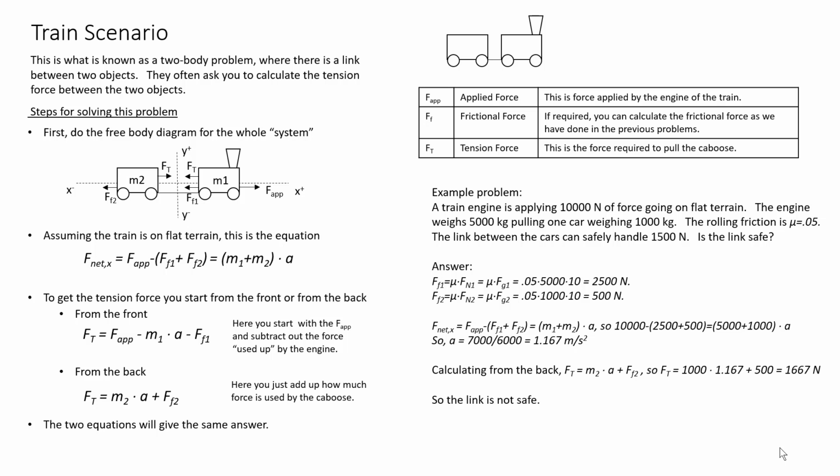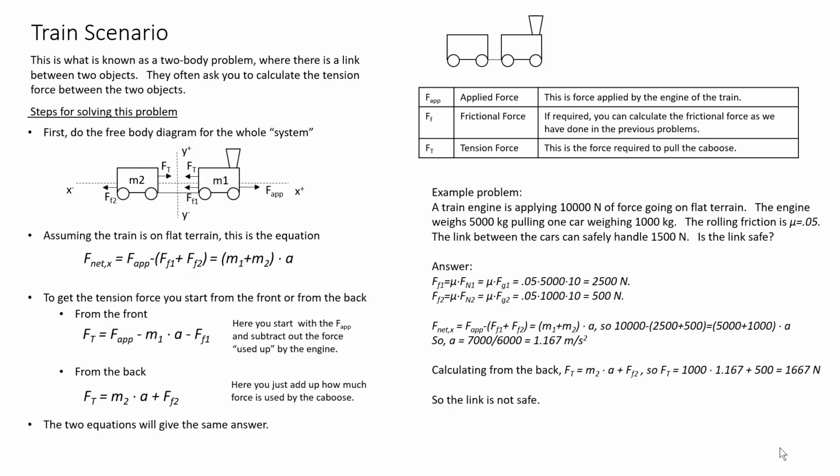So assuming the train's on flat terrain, the equation for the net force along the x-axis is the applied force minus the sum of the frictional forces, and that equals the sum of the masses times the acceleration. You can use this to calculate the acceleration of the whole system. And so now the second step is to get the tension force.